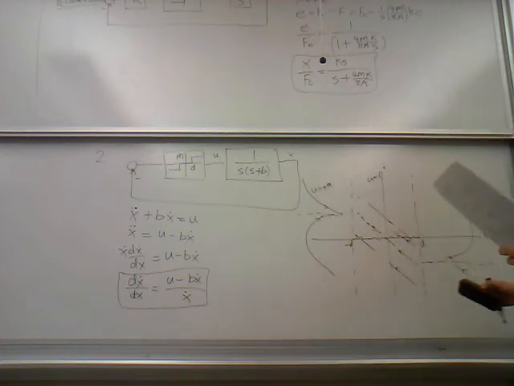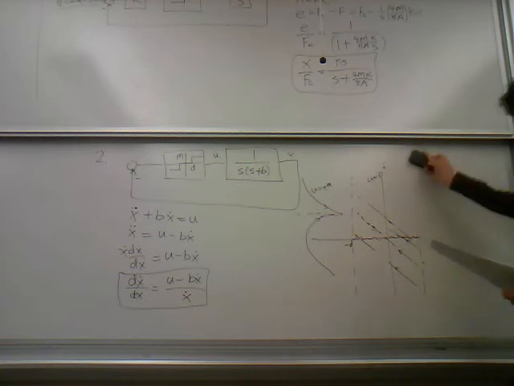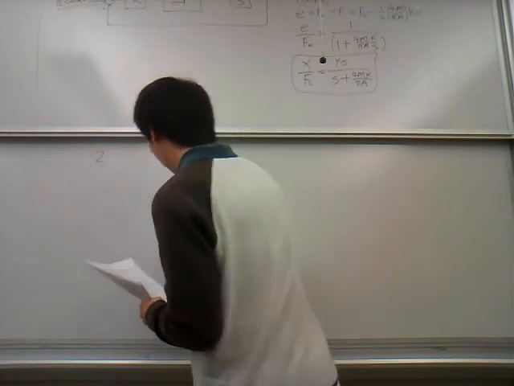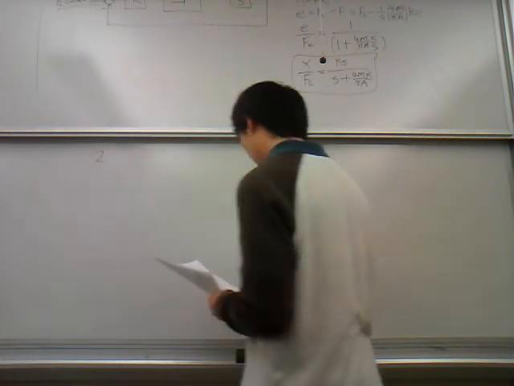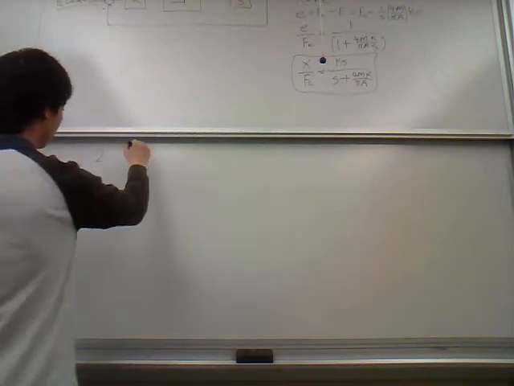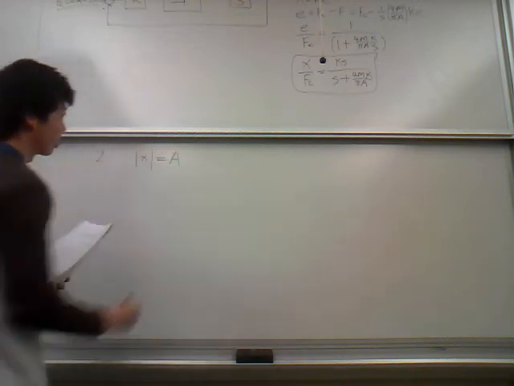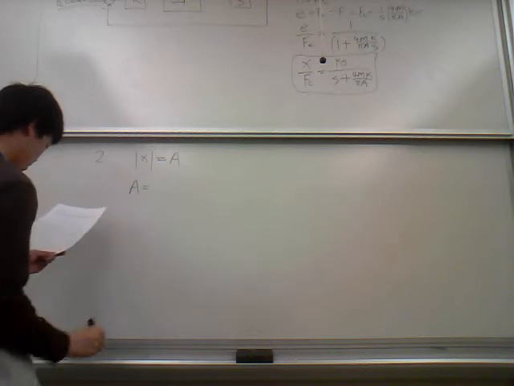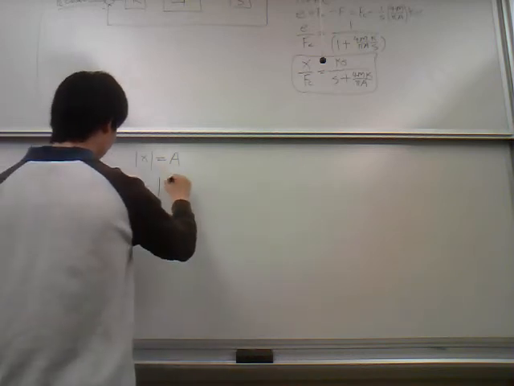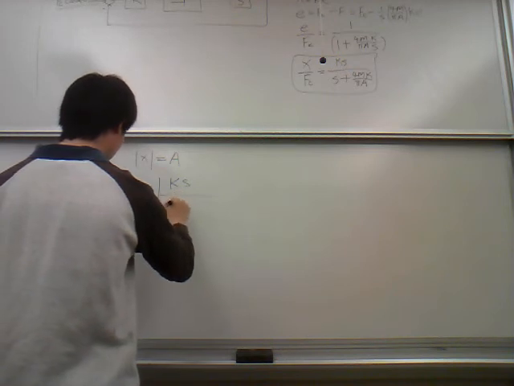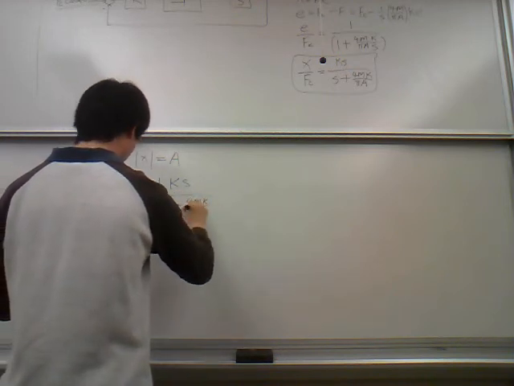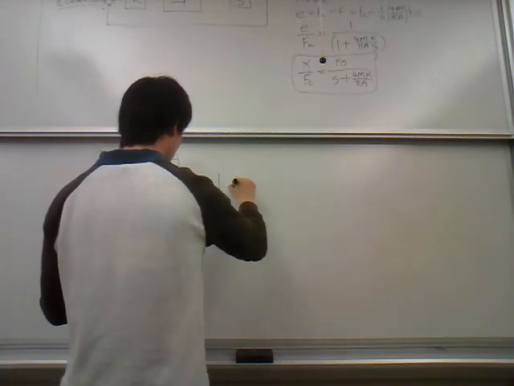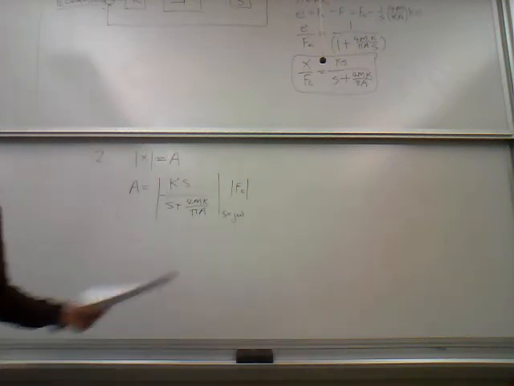Here we're trying to find a closed form expression for A. So we could say that the magnitude of X is A. So we have A equals the magnitude of all of this, at S equals j omega.